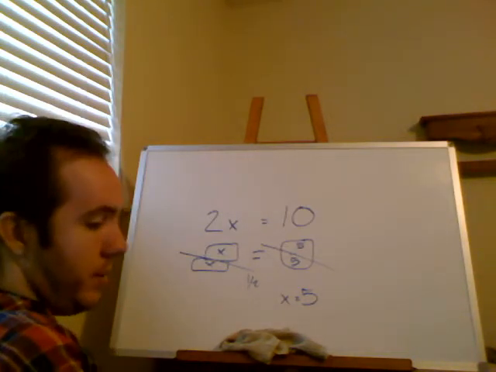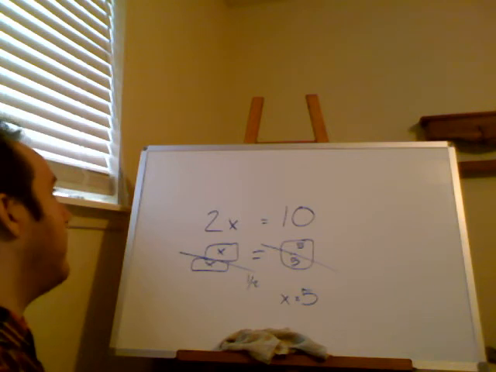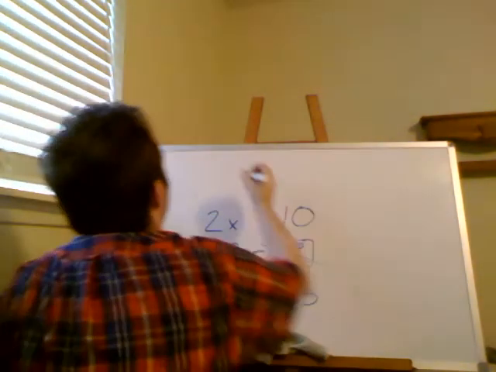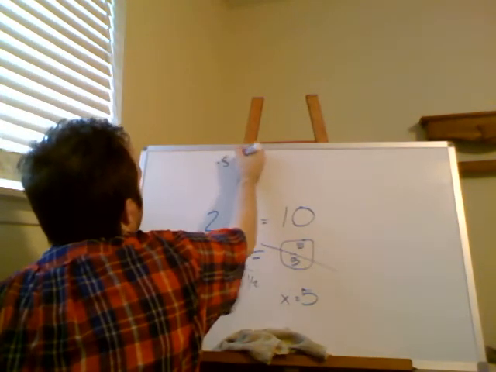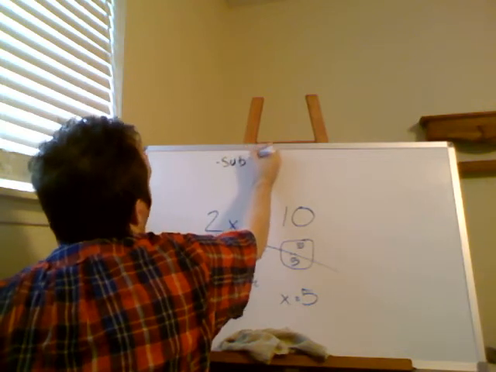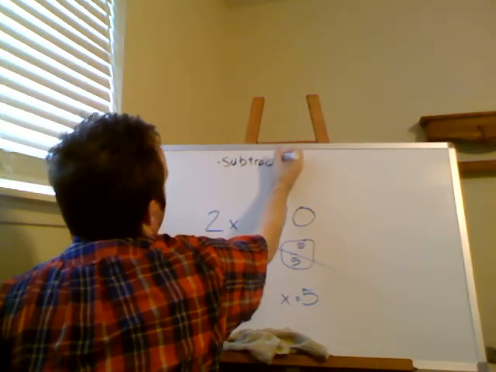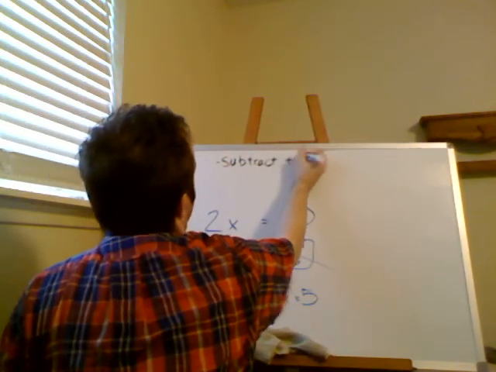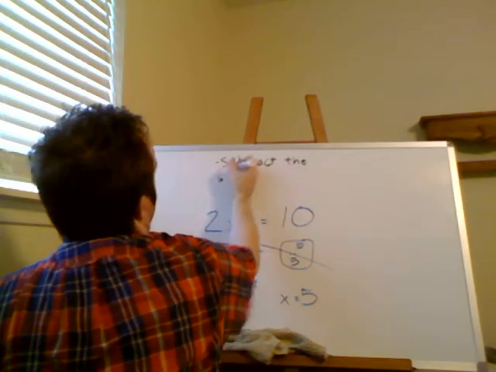I said there were 2 steps, and we really only did 2 steps. One step is we subtracted my starting amount. That was 4. Subtract the starting amount.